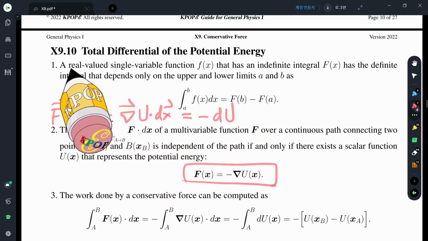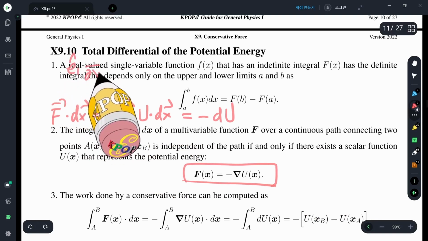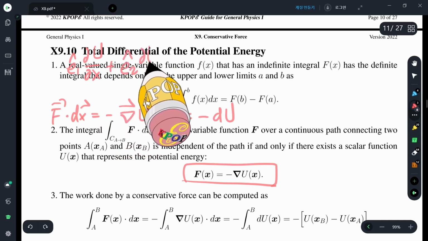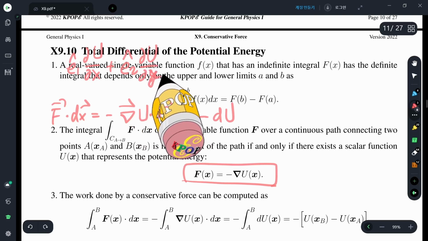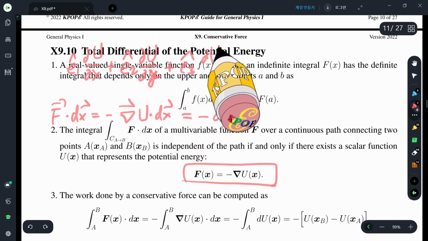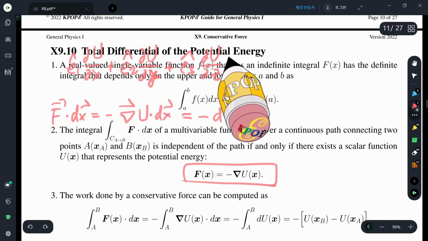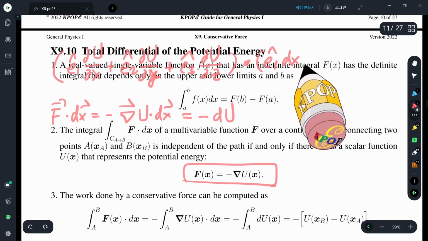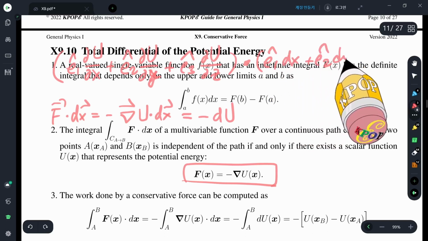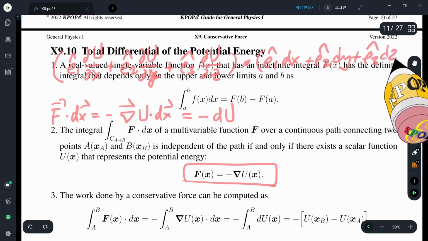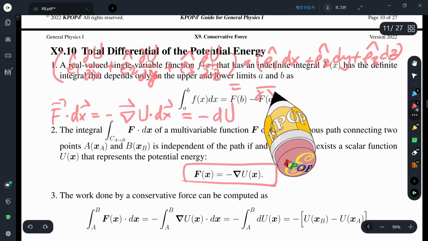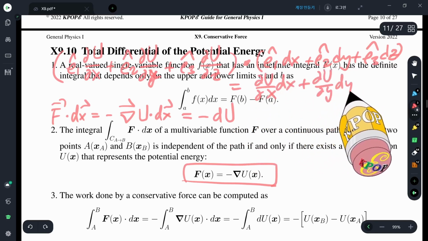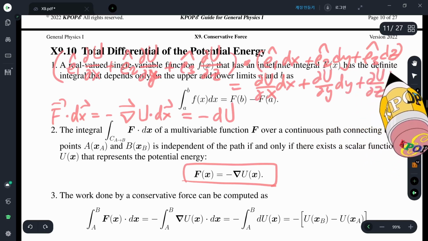Just what we have done is E1 hat, E2 hat, E3 hat dotted with E1 hat dx, E2 hat dy, E3 hat dz, that is dx, dy, and dz.